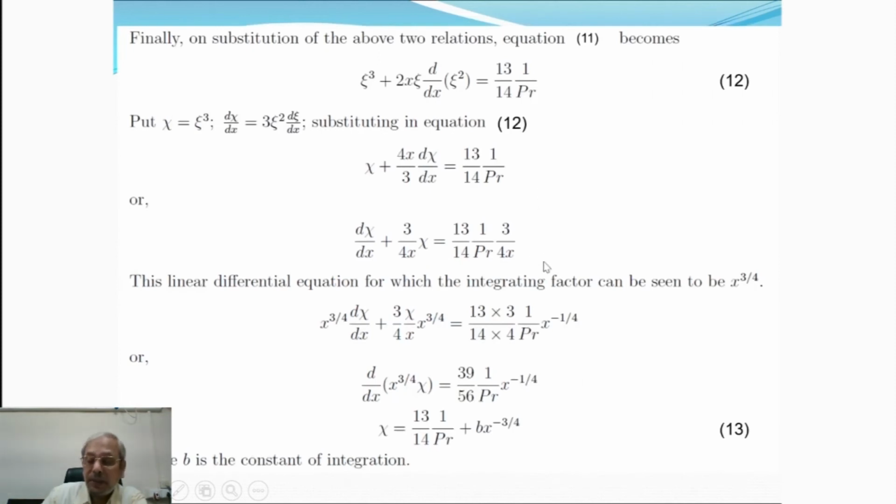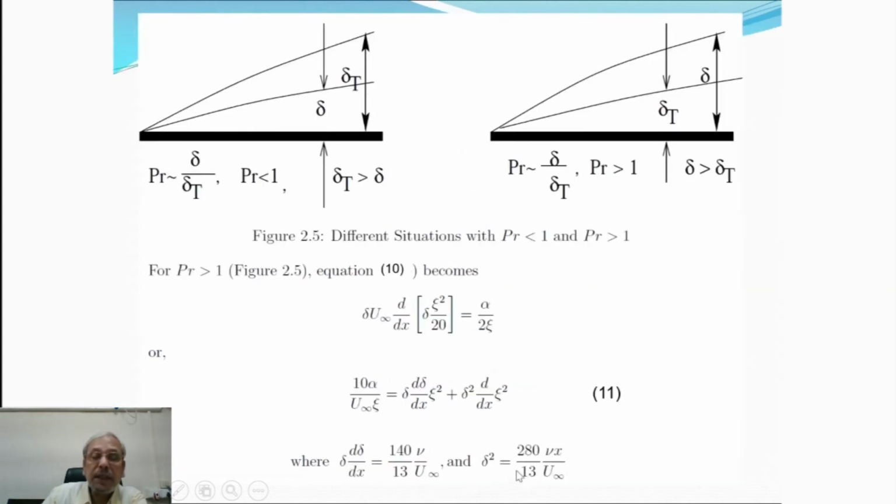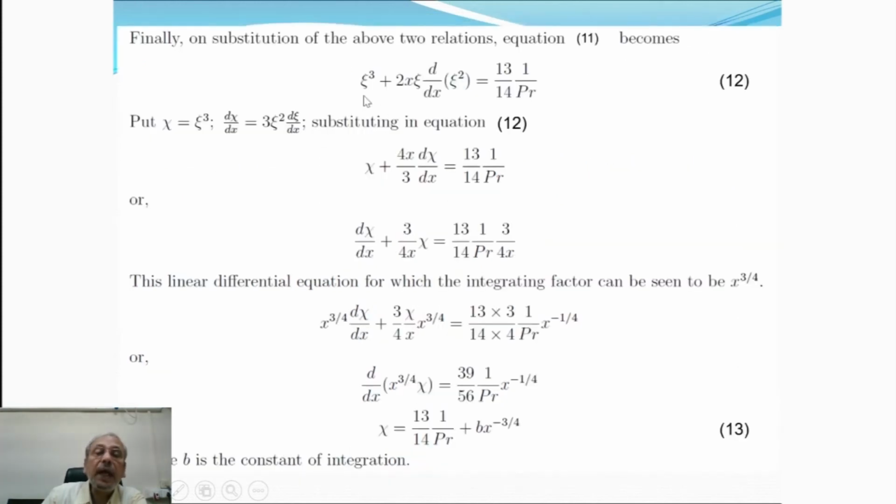And if we substitute these two quantities in this, we'll get zeta cube plus twice x zeta d/dx of zeta square equal to 13 by 14 into 1 by Prandtl number. And it is a little involved to solve this equation. We again put another variable chi, which is equal to zeta cube.